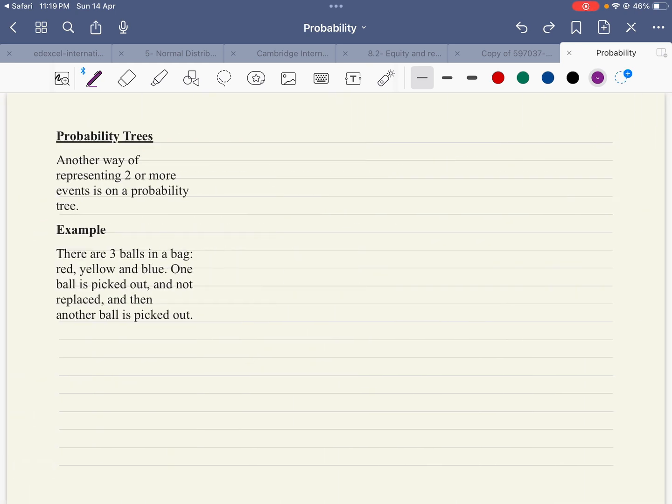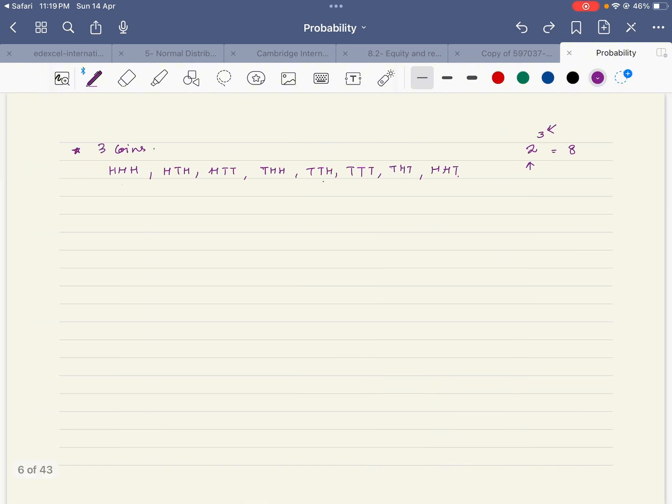Let's move to probability trees. We need to remember something, that for example, when we are flipping the coins, the probability of heads and tails is the same, meaning 0.5. The sum of all probabilities has to add up to 1.